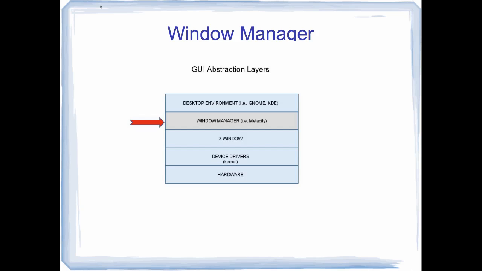I know it looks like Metacity, but it really rhymes with the word capacity. And Metacity is just another layer of software, a set of defined calls and styles that end up calling X-Window to actually create a particular window. Note that with X-Window, you could have your windows look a million different ways. You could have different fonts, different thicknesses, different behaviors of windows, etc. But what we do with a window manager is set some standards for consistency. And consistency is really important, obviously. So at that next layer is the window manager.